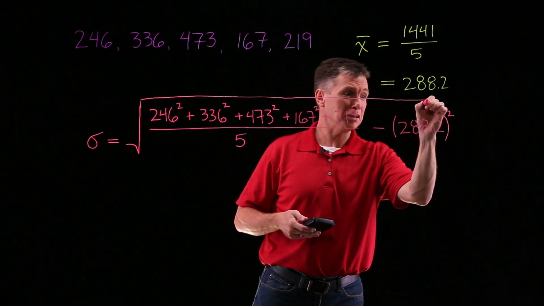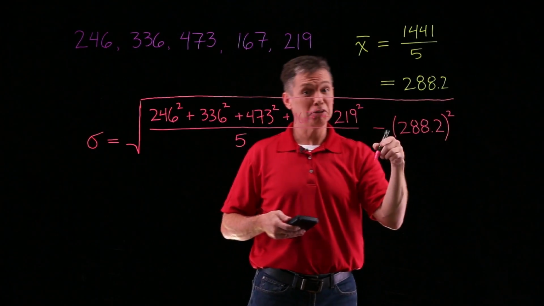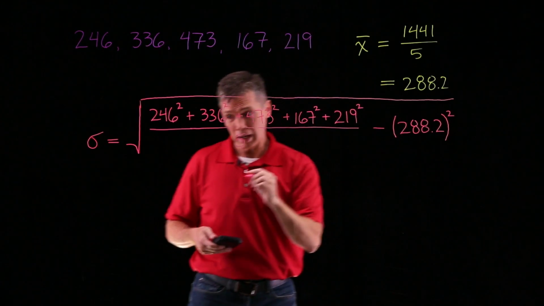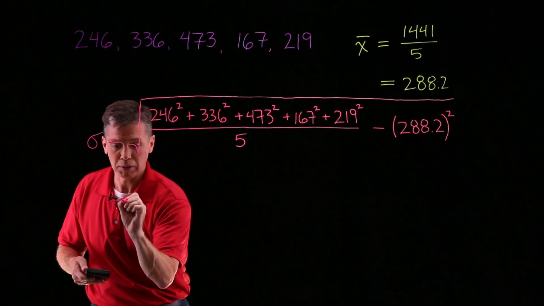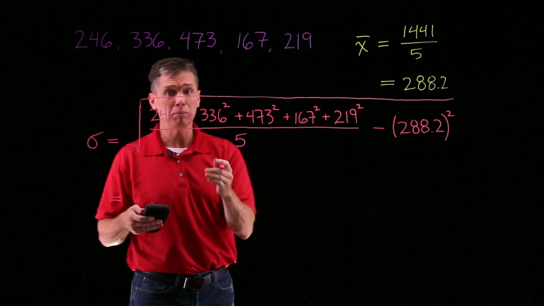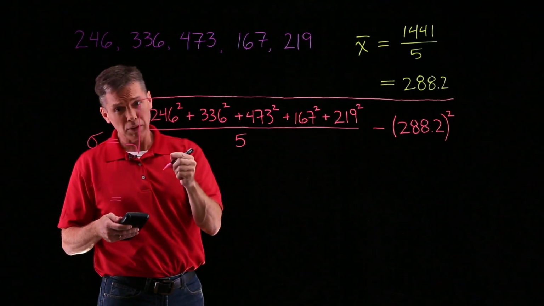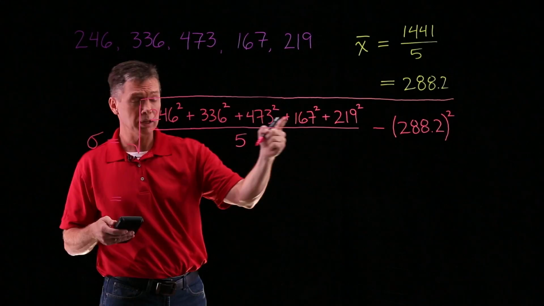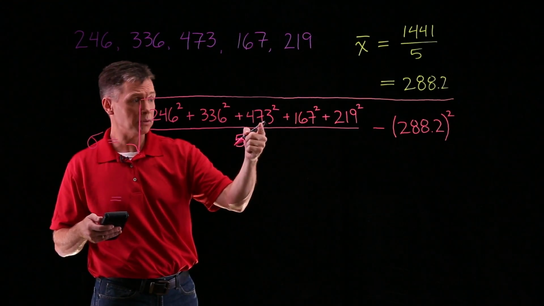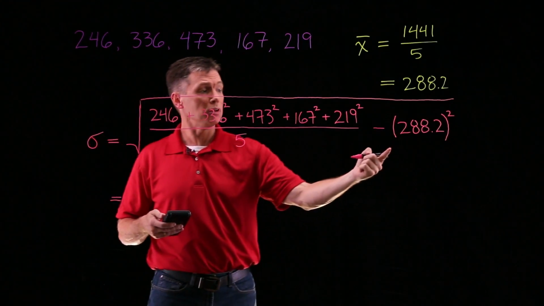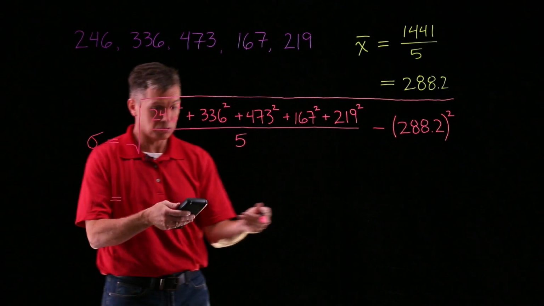And if you've noticed, I've been clutching my calculator. I'm not doing this by hand. But I am going to take one in-between step here, just so we can make sure we're getting the same numbers. So in this step, let me just calculate the numerator. We'll see if we agree with our numbers. And while I'm at it, I think I'll do the 288.2 squared as well.